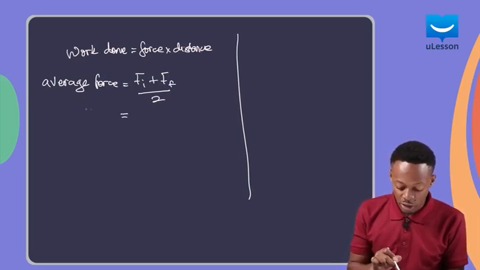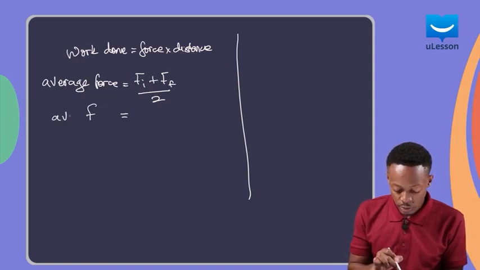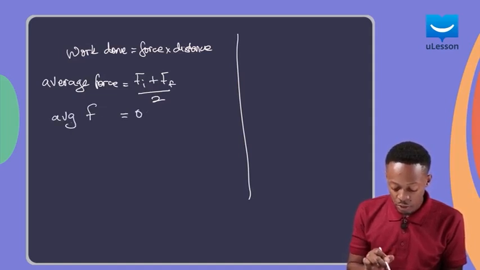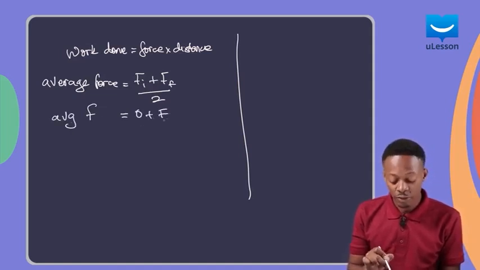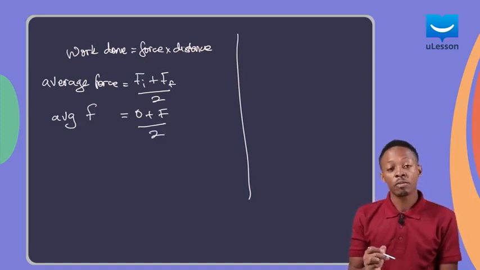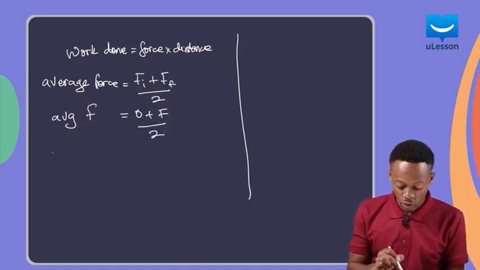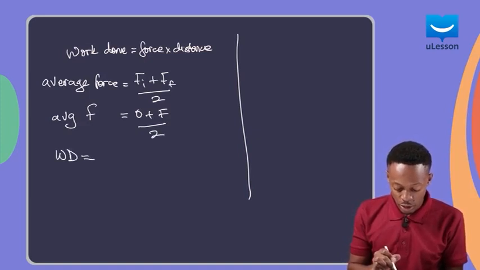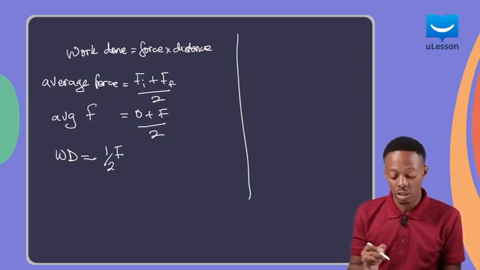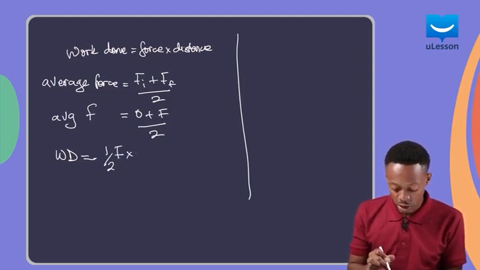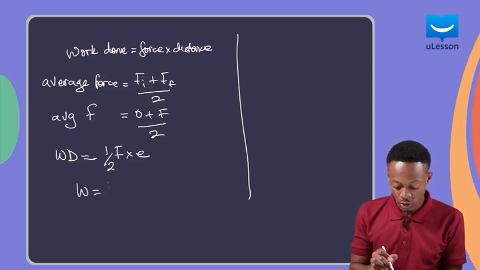So the average force here will be equal to 0 plus the final force F over 2. Now we put that back in our work done formula. So work done, WD, is equal to 1 over 2 F times the distance, which is the elongation, which is E. So our work done is 1 over 2 F E.